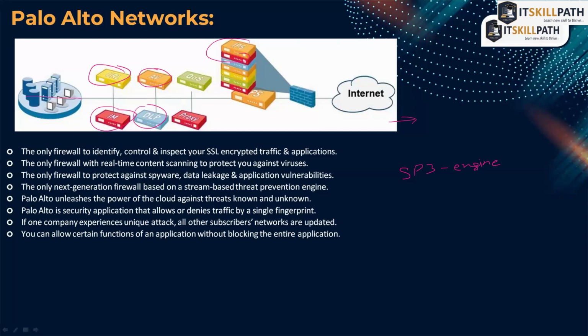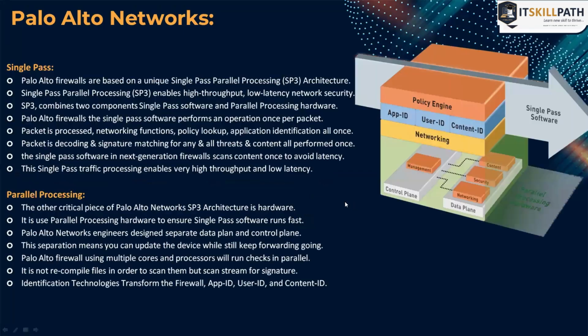But Palo Alto has the capability to do all the inspection at once, in a single pass. That is called single pass parallel processing. It has a special engine that does all the inspection in one go. So what will happen?